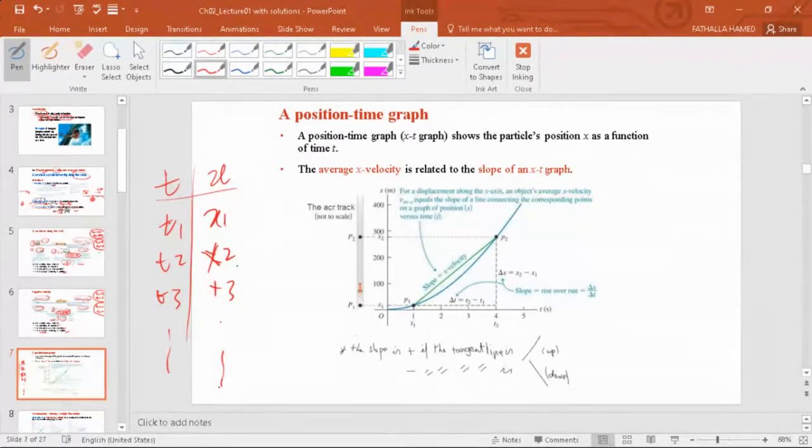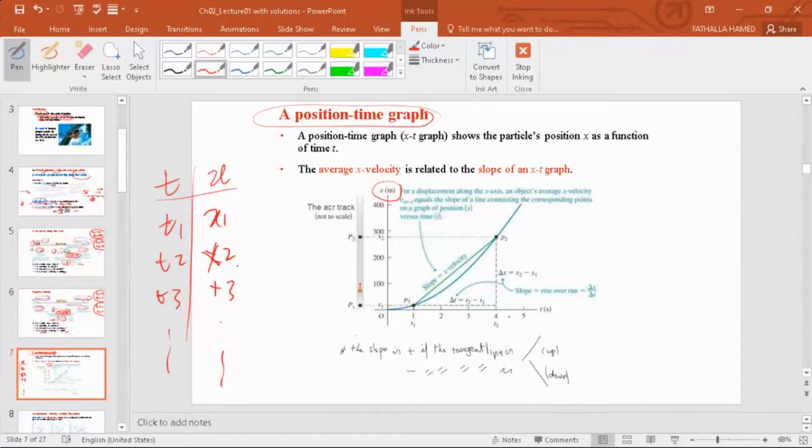And once you have that, you can make what we call a position time graph. And in this position time graph, the x here will be on what we call the y-axis of the graph, or the vertical axis. Okay. And the units for x are meters.